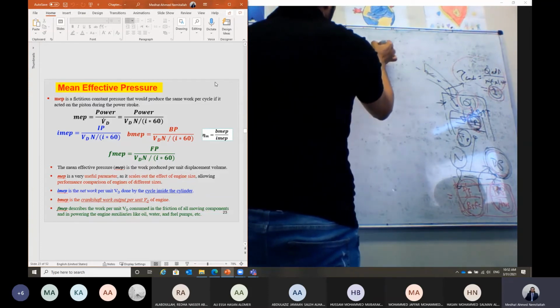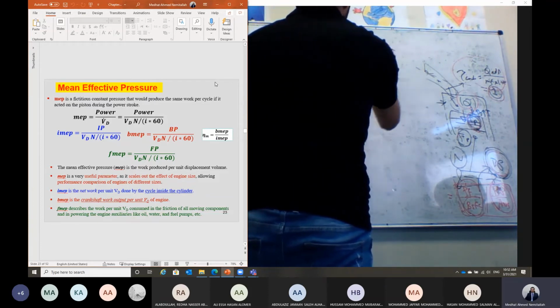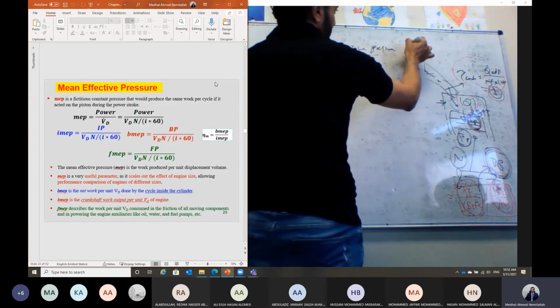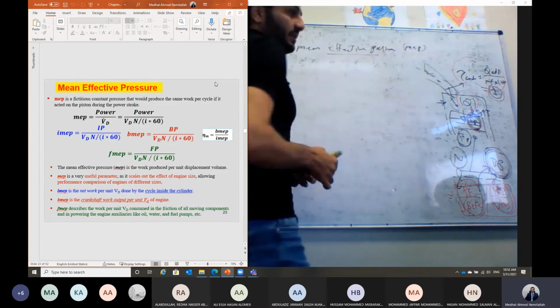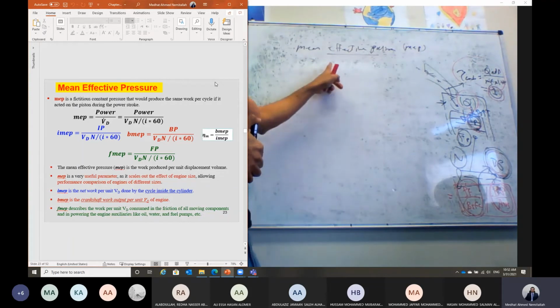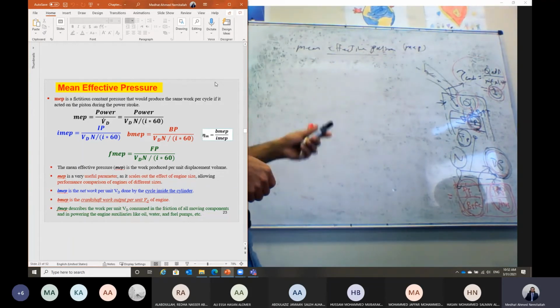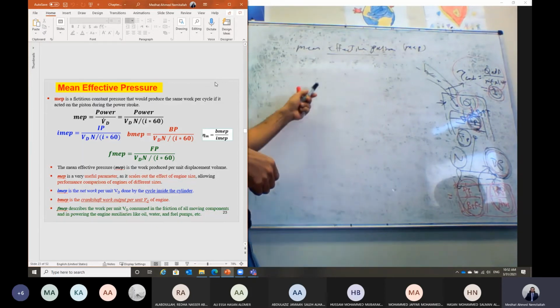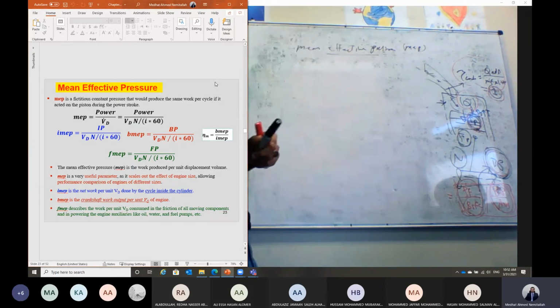We talked about the mean effective pressure in chapter 5. We defined the indicated mean effective pressure as equal to the net work divided by the displacement volume, or it can be defined in terms of power: the indicated power divided by the rate of displacement volume, which is V dot displacement.